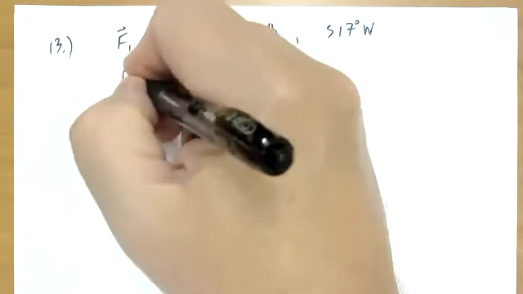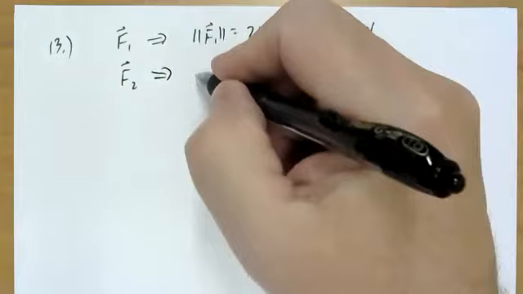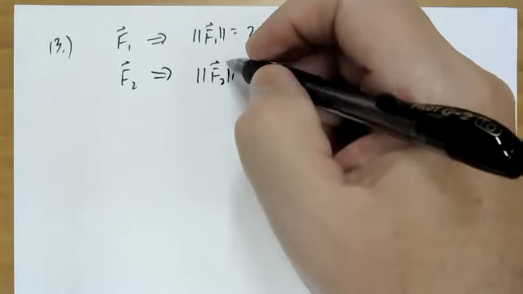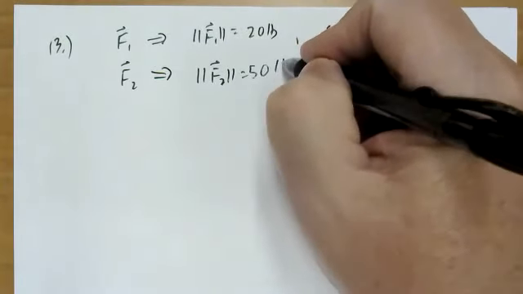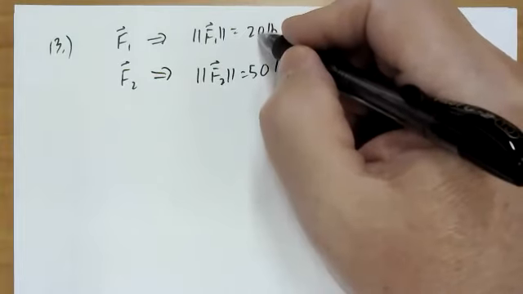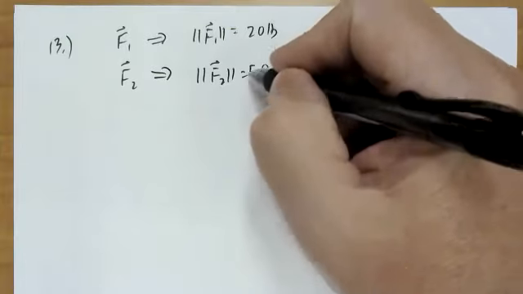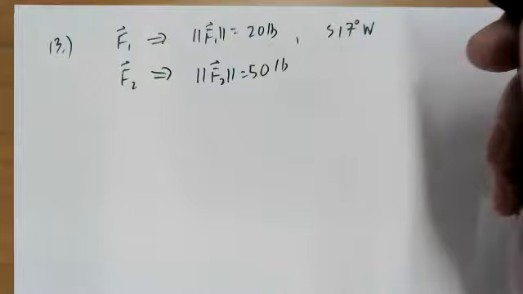So the second vector, its magnitude they say is 50 pounds. So the first thing you notice is this second force vector is a lot stronger. It's over twice as strong as the first force vector.